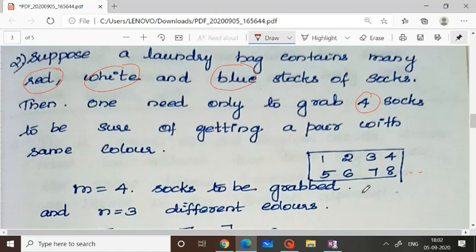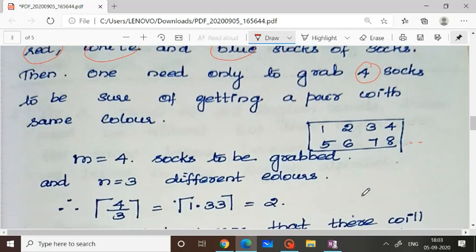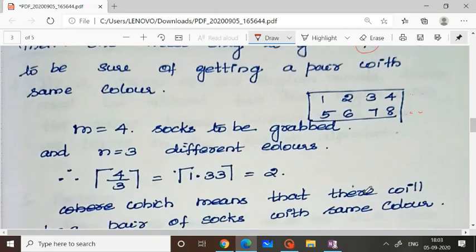Then, if you select one more, the last one will be the repetition of any of the 3 colors. So m should always be greater than n.